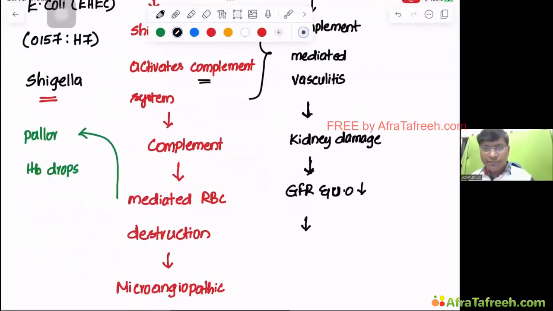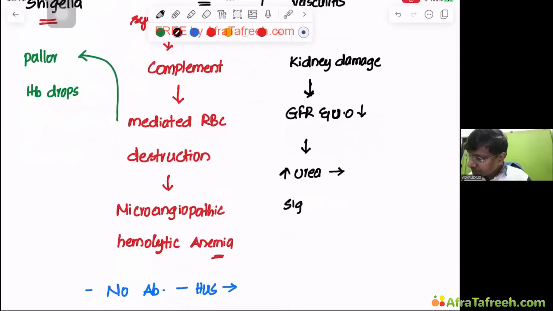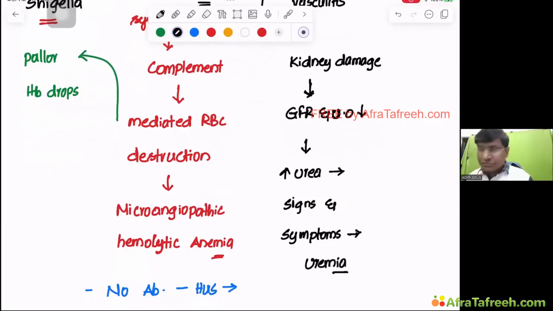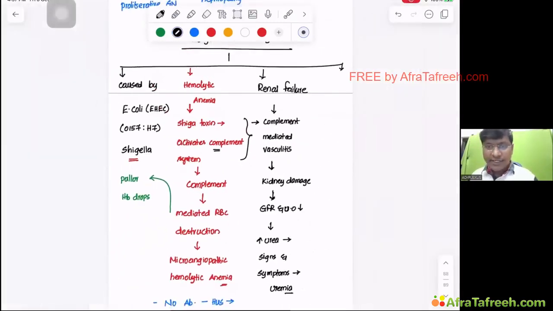And because of decrease in the GFR and urine output, there is increase in urea, and you will have signs and symptoms of uremia. Right, signs and symptoms of uremia. So that is the story related to the renal failure.